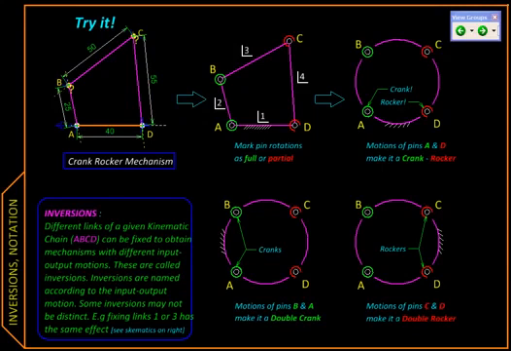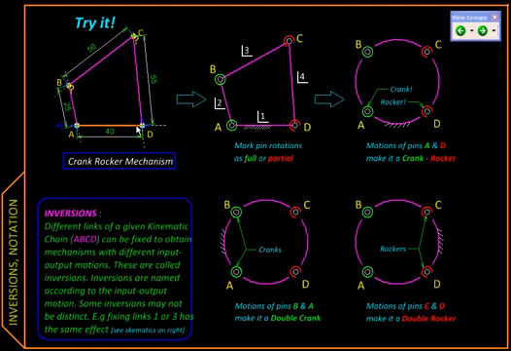Often, the purpose of a mechanism is to transfer or transform a given input motion into a desired output motion. If we start with a 4-bar linkage like this with given link lengths, then potentially we can fix any of these 4 links to derive 4 different 4-bar mechanisms.